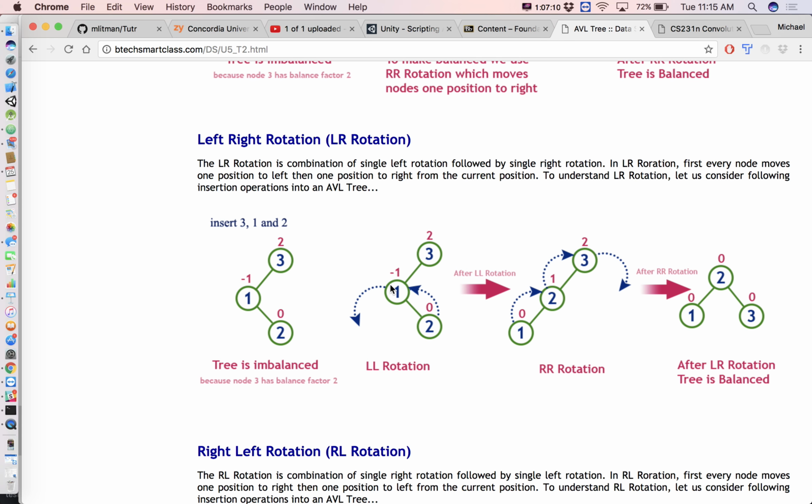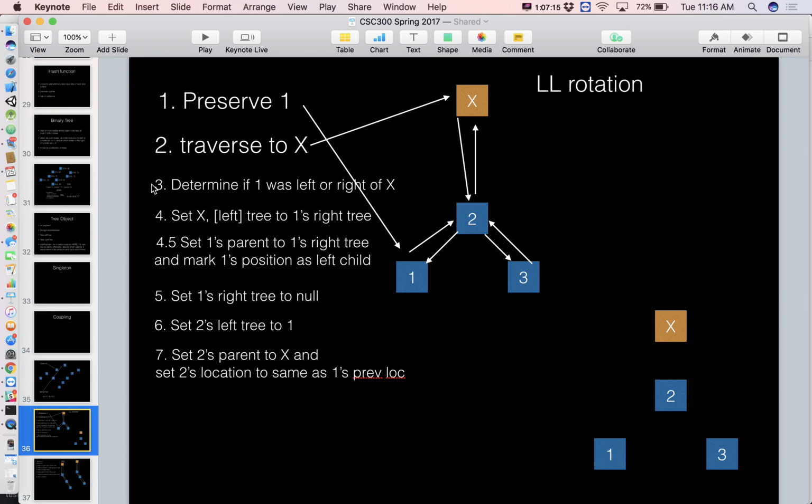All right, so we have a 1 and a 2. So originally it was 1, 2, then 3, and we just never did anything with the 3. So determine if 1 was left or right. We could already traverse to x. We can preserve the 1. It's fine. Set x's left tree to 1's right tree, which would be 2. So that looks like it would be correct. Set 1's parent to 1's right tree, which would point to the 2.